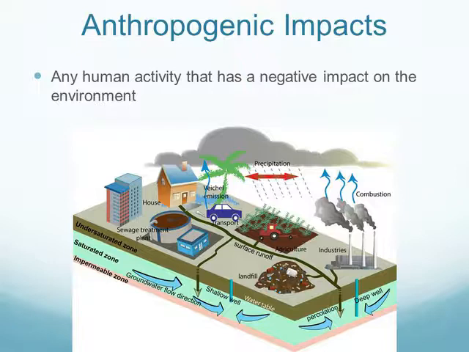In this image here, you can see that we have houses, apartment buildings, sewage treatment plants, cars, farming, our landfills and our industries. And all of that has somewhat of an impact on our environment.